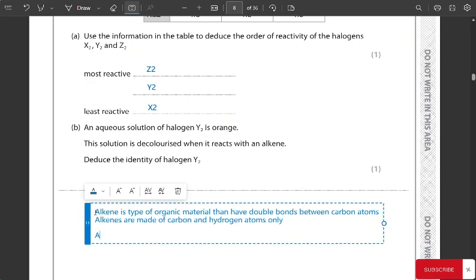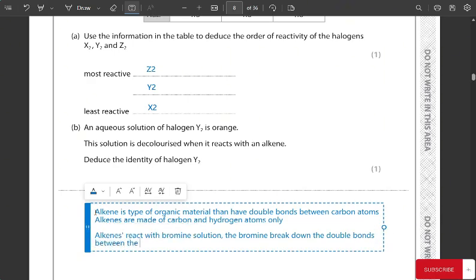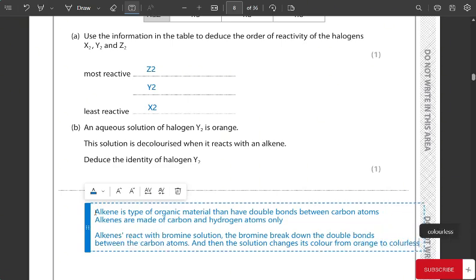When alkenes react with bromine solution, the bromine breaks down the double bonds between the carbon atoms, and then the solution changes its color from orange to colorless.